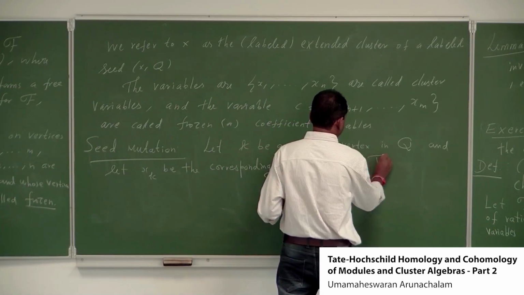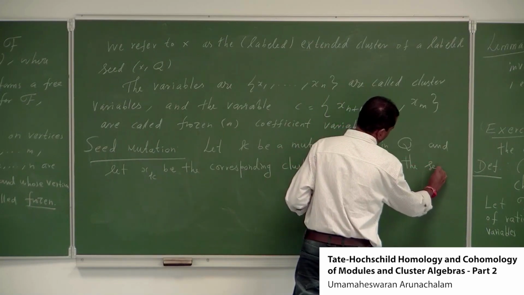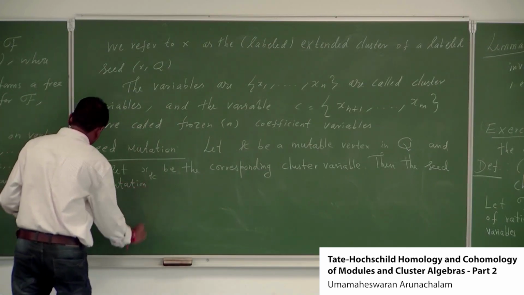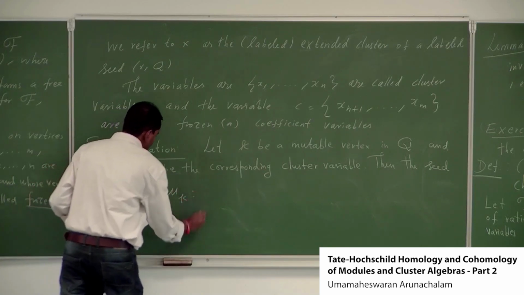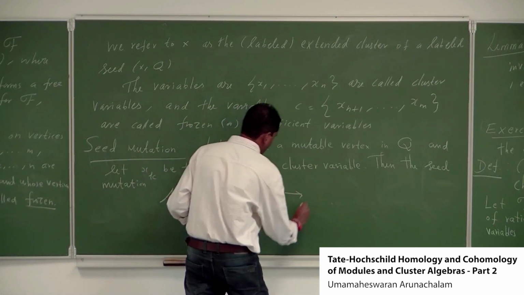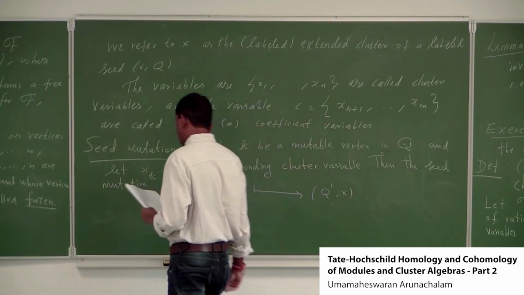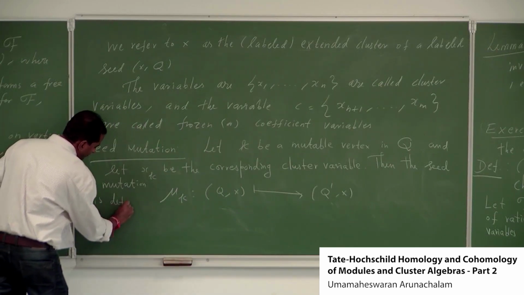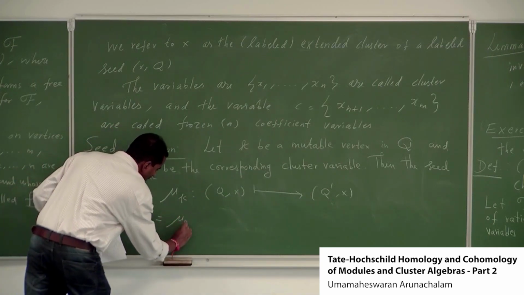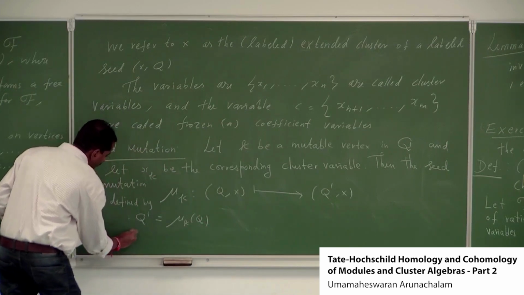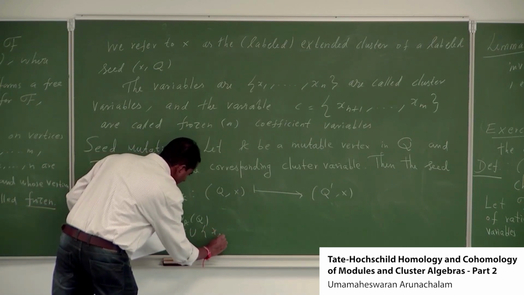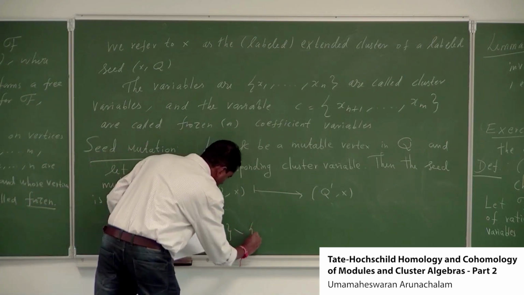Then the seed mutation mu k, which is a mapping from the pair Q comma x into Q dash comma x dash, is defined by Q dash is mu k of Q, and x dash is x union the set xk dash without the set xk.